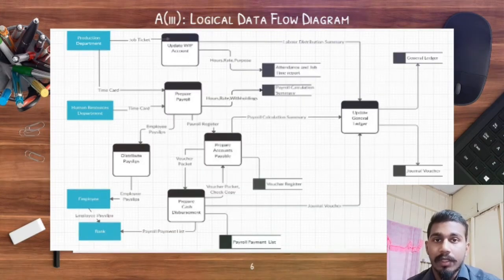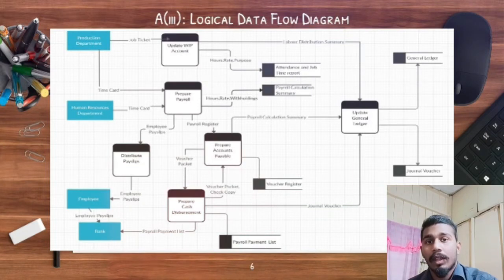Then the third question is the logical data flow diagram. The logical data flow diagram is about how, from one entity, the information flows and is processed until it goes into the final file.